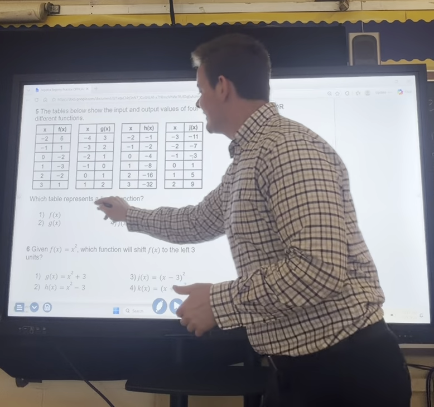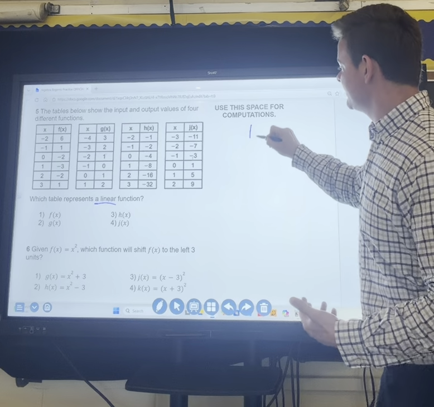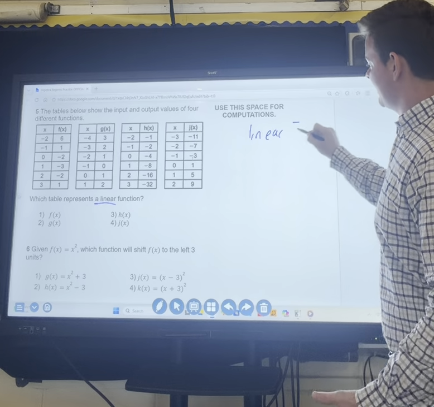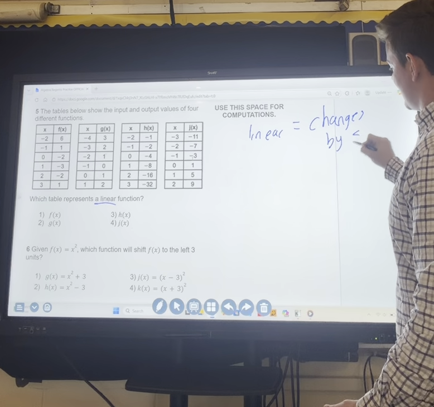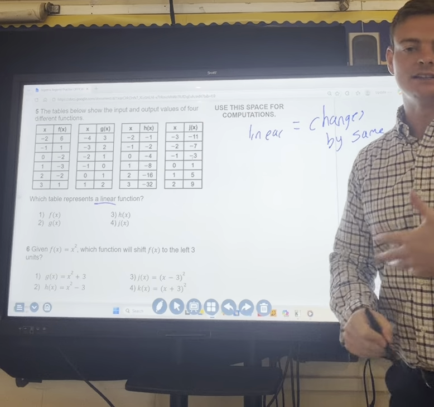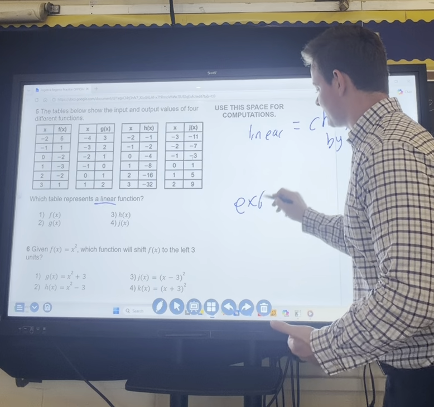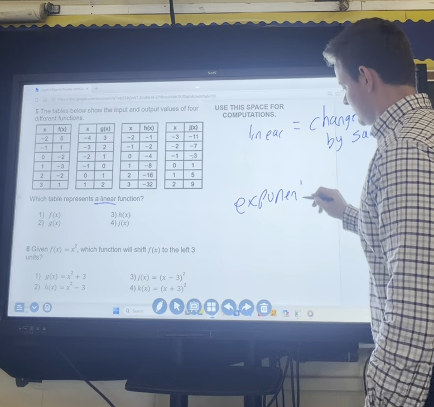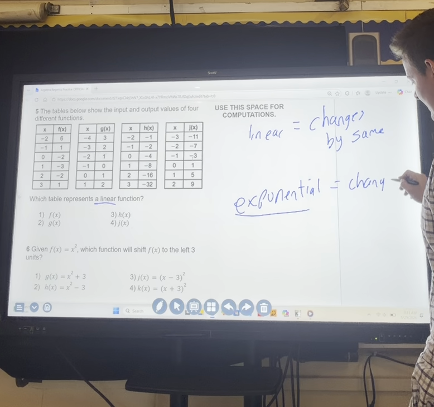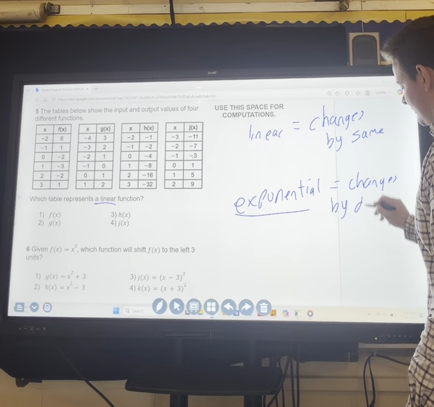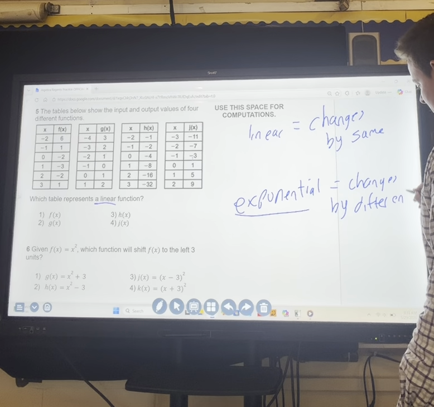Number 5, I need to know what the word linear means. Linear means it changes by the same amount each time, as opposed to exponential, which changes by different amounts.